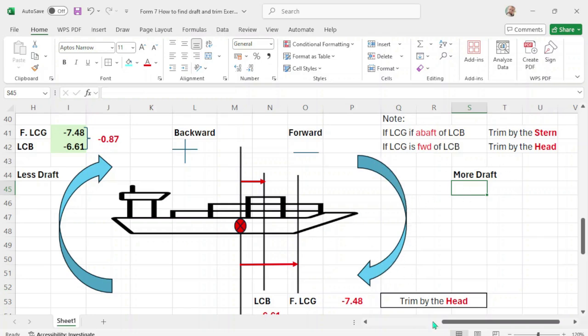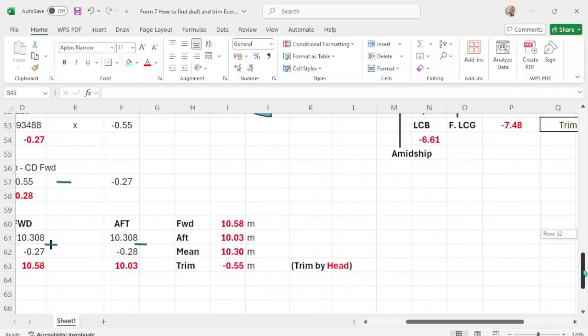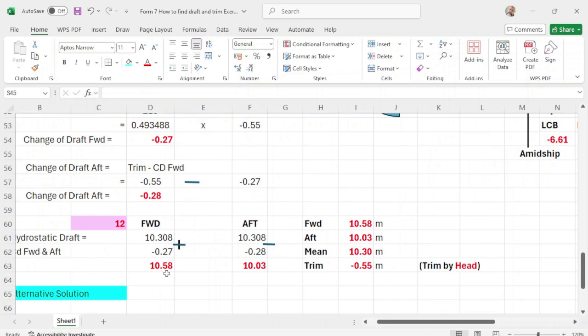That's why you have more drop, and the stern will rise up. That's why you have less drop here. Up we will have less drop because this will rise, this will sink. So forward is 10.58, up is 10.03, mean is 10.30, and your trim is negative 0.55.